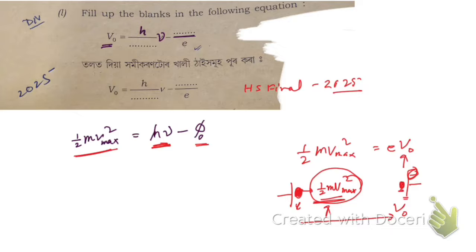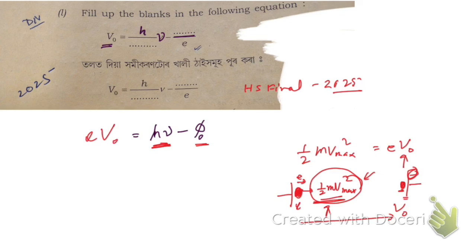It is very close to this plate but just does not reach it. So that amount of kinetic energy will be equal to the work done to carry this electron of charge e from this plate to that plate, which is given by charge into potential difference, e V naught, right? So this maximum kinetic energy can be replaced by e V naught.